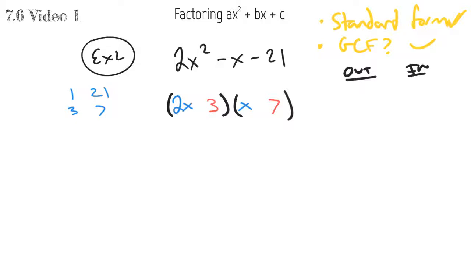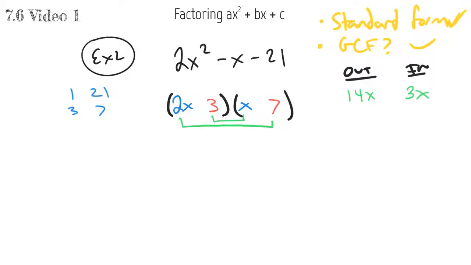Now I test my outsides and insides. Test my outsides. 2x times 7. That's going to be 14x. Right now, I don't know if it's positive or negative. We'll figure that out. Then I test the insides. 3 and x. 3 times x is 3x.